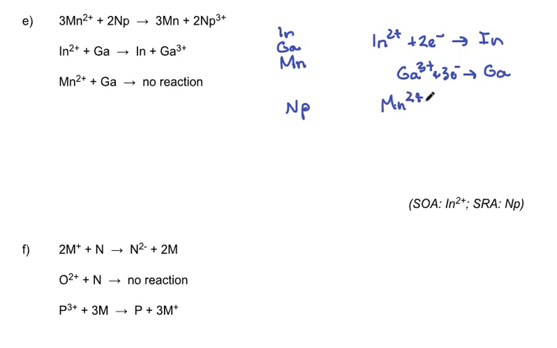Manganese 2+ picks up 2 electrons and becomes manganese metal. And neptunium is 3+. So it'll pick up 3 electrons on its way to being neptunium metal. So strongest oxidizer, the indium ion. Strongest reducer, neptunium metal.